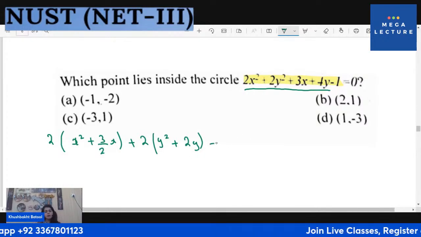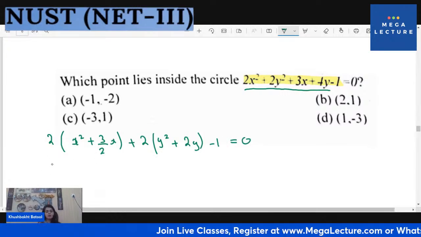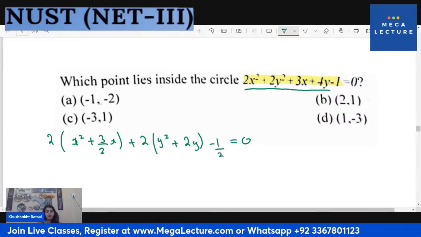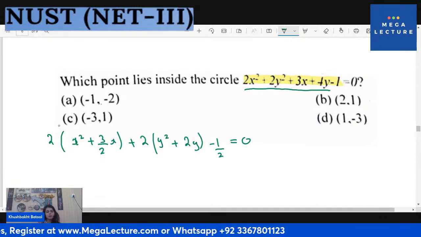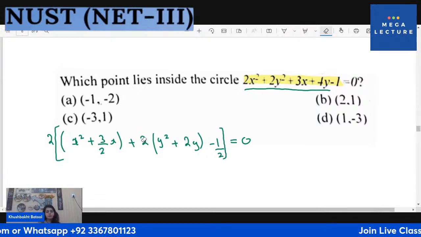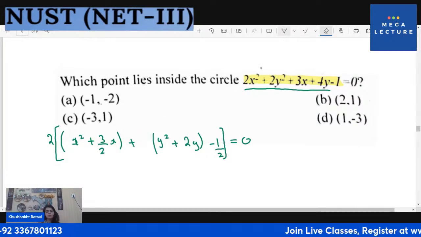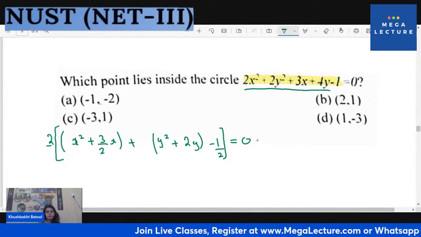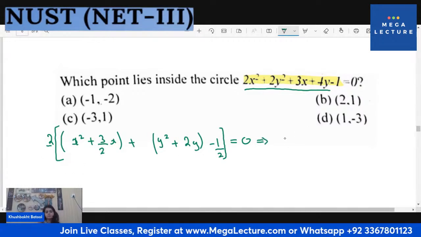And then we have minus 1 equals 0. I can take 2 common, I can make it half, so I can write it this way. I'll just get rid of this 2 and I'll take 1 by 2 common, and this can be divided on the other side. So I'll write the next step here.